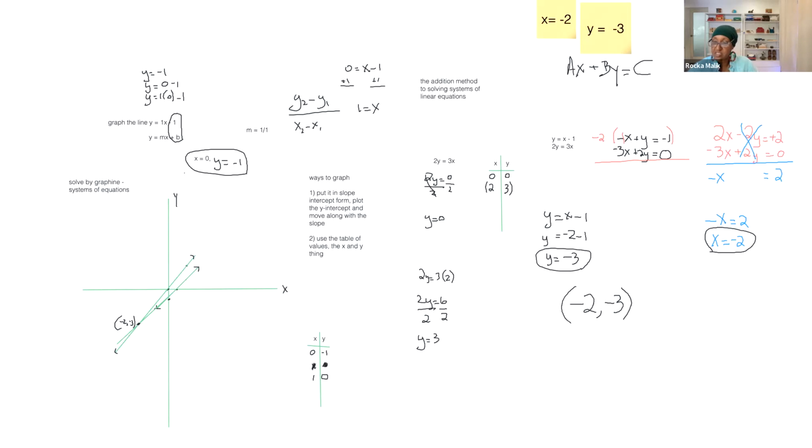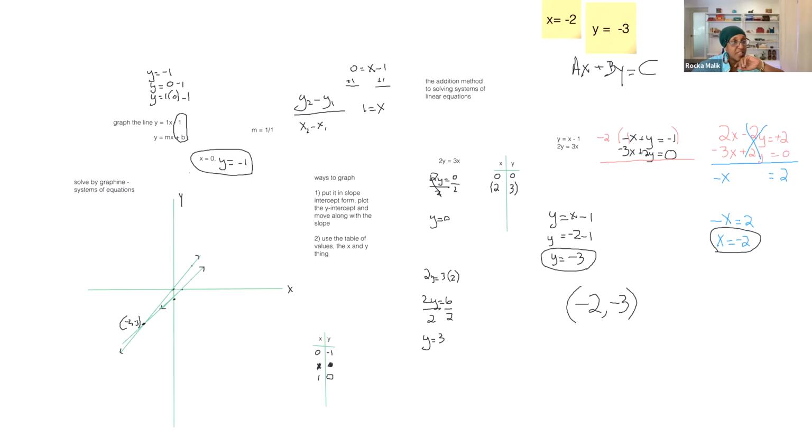There's another method, the substitution method, but we'll see if we can use that. Okay, so let me put some more linear equations together, and we'll see if we can take our time and solve those.